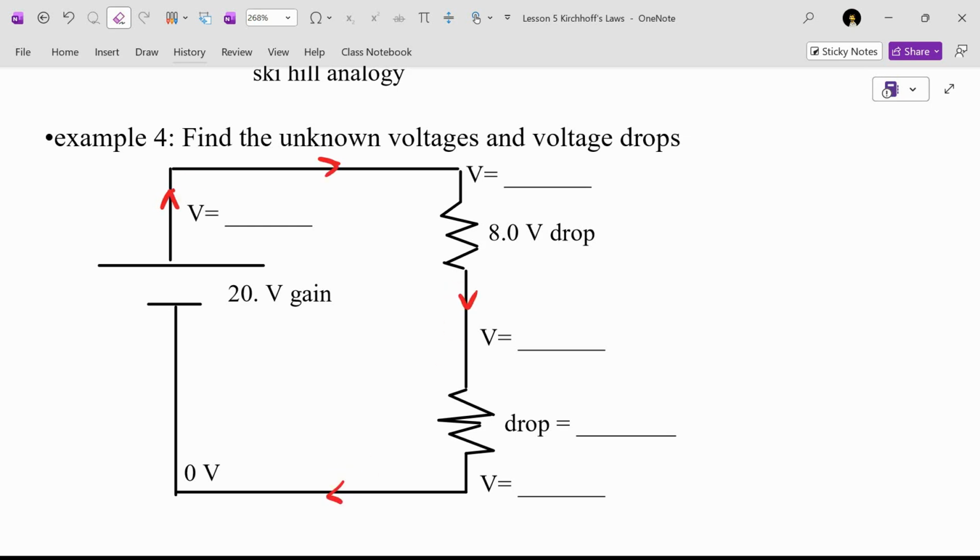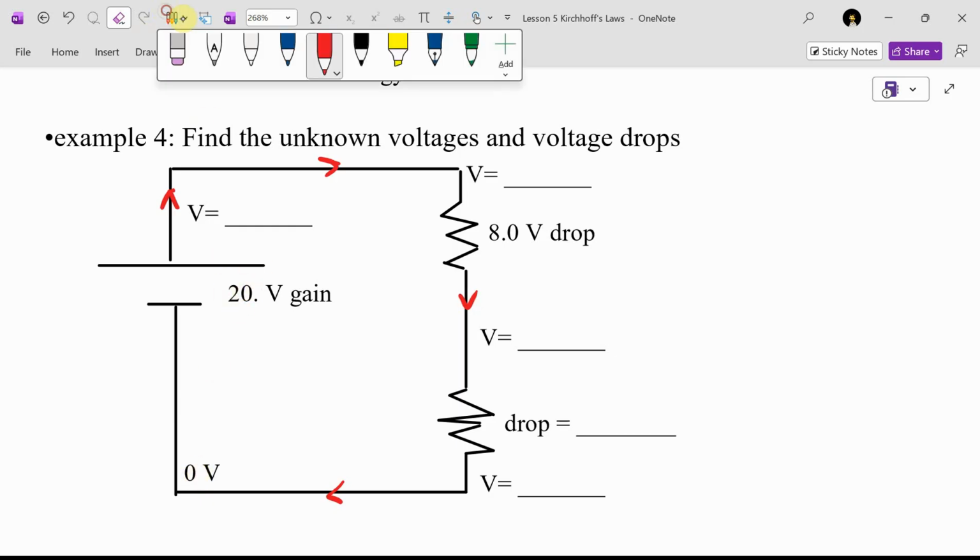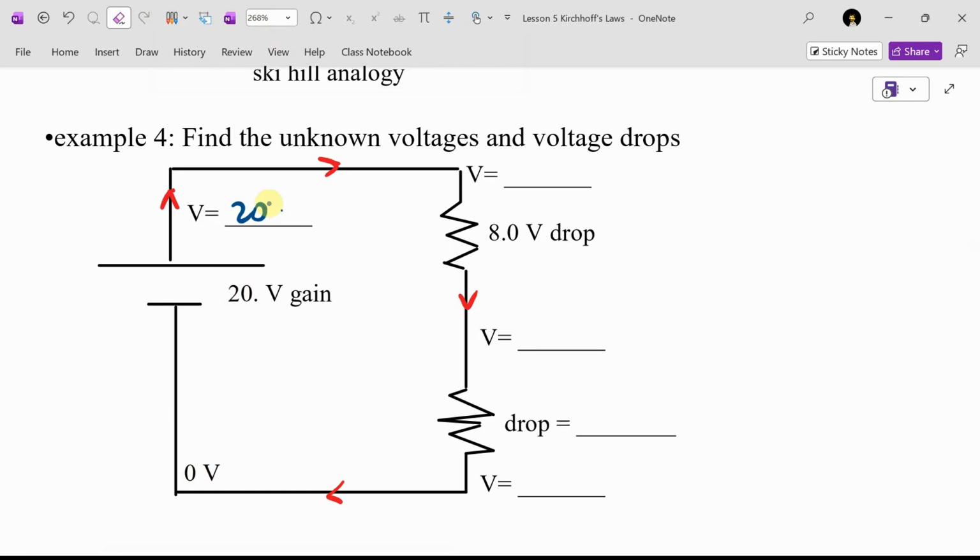This is the direction I'm going to move my eyes as I move through this circuit. I've said to you that the battery is like the chairlift, voltage is like height. How many volts are we gaining going through the battery? How many volts must we lose by the time we get to the bottom? Same answer. Okay, so how many volts high are we right now? Say it. So right now, coming off the chairlift, all the charges are 12 volts high.